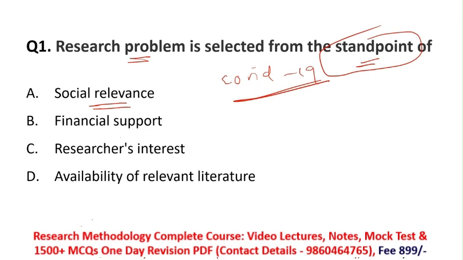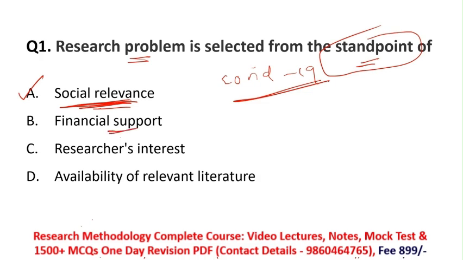No matter if it's a small population or a large population, it should be a benefit to the society. So yes, a research problem is selected from the standpoint of social relevance. Here option A is the correct option. We'll also see the incorrect options.